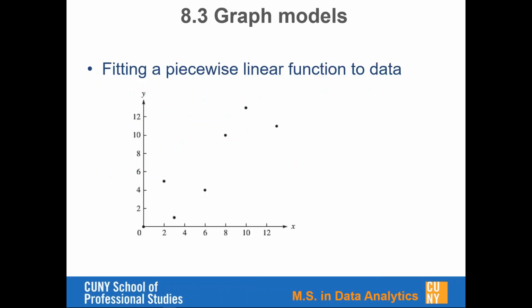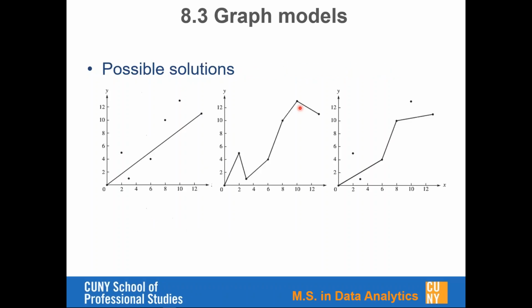So graph models, for example, one methodology is fitting a piecewise linear function to the data in a graph way. For this problem, you would think that there are a couple of possibilities that can fit a linear function to the data, right? And you can see here possible solutions.